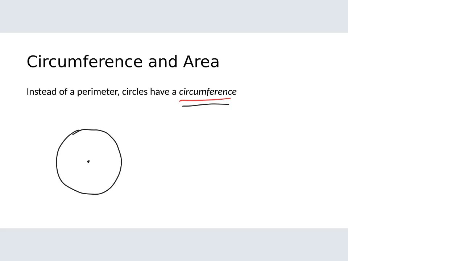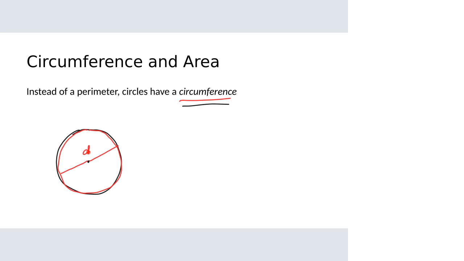One thing that turns out to be true is if you find the circumference of a circle and the diameter of a circle, so we just measure these with a tape measure or a piece of string or whatever it might be.